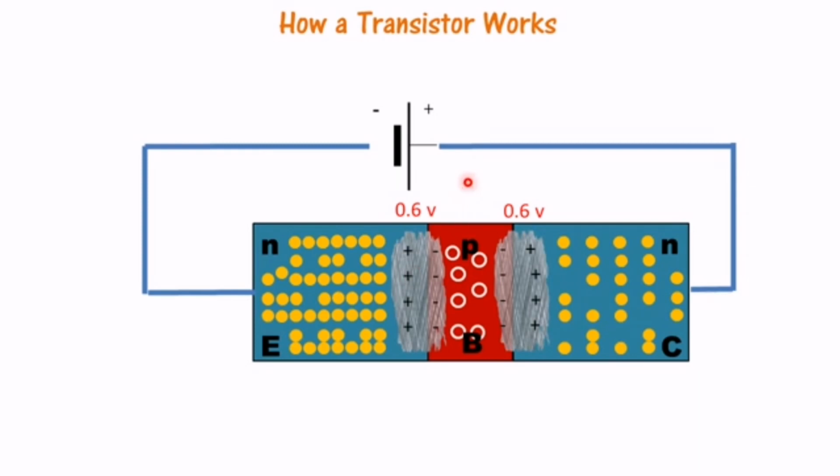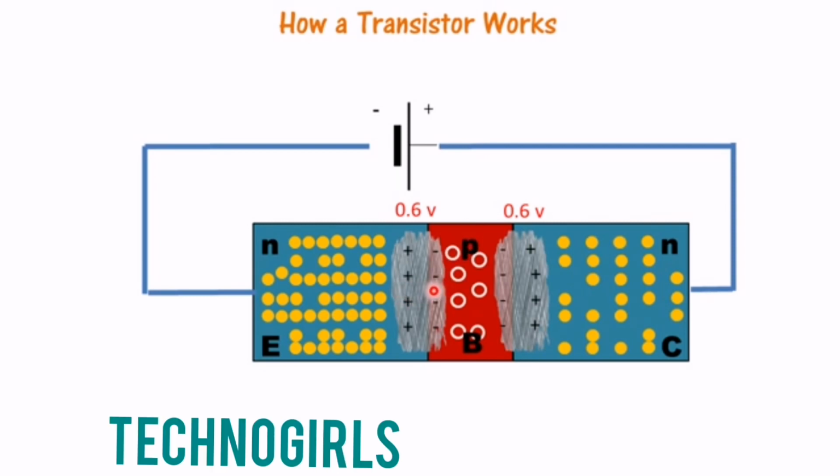But we notice that the base here is not forward biased and therefore it is not helping in breaking this electric field. On the other hand, this reverse bias is actually pulling the electrons and strengthening the electric field here and causing the depletion layer to widen.